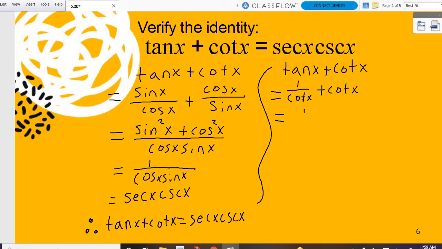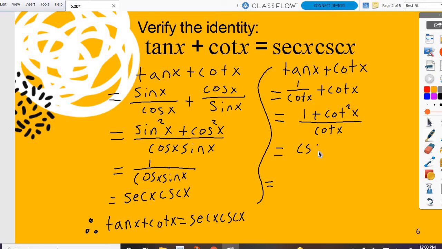A common denominator. What would my common denominator be? Cotangent. Well, my first one already has a cotangent, so it's just going to stay as 1. But what will my second one become? Cotangent squared. Well, what is 1 plus cotangent squared?